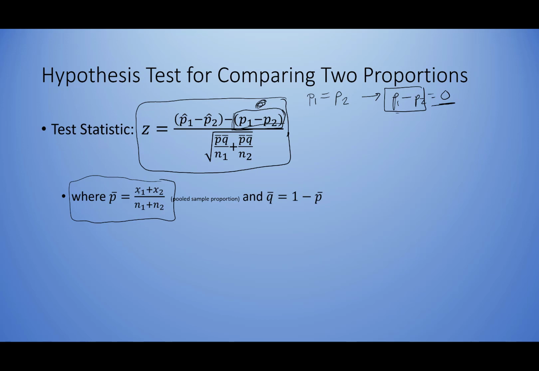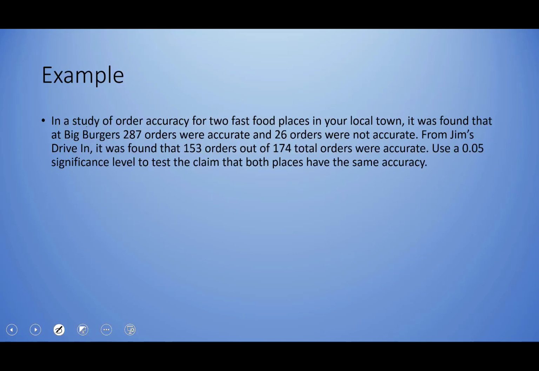So that's how we are going to calculate what we need right here for the p bar. And then q bar is the complement of p bar. So we're going to have to find a few values before we are able to actually use this particular equation. But this is going to produce our test statistic.